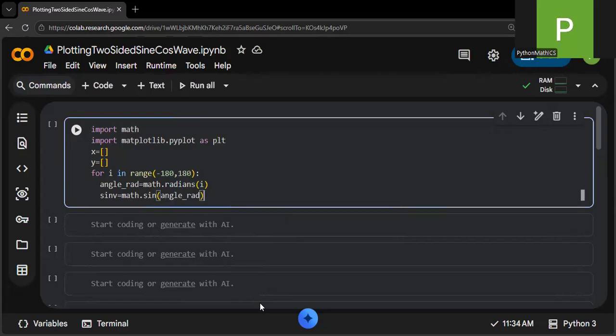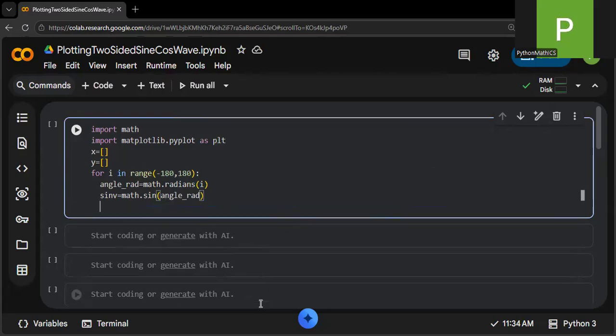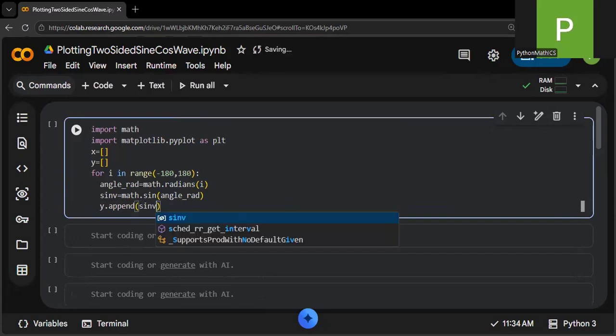So you have this here, then you append. You write y.append, and this is sin_val. So the sine value we have appended.